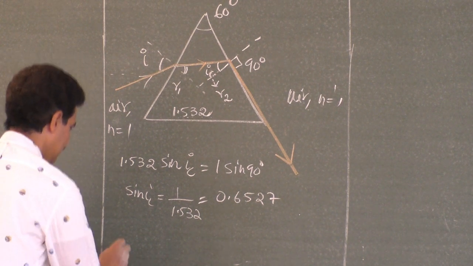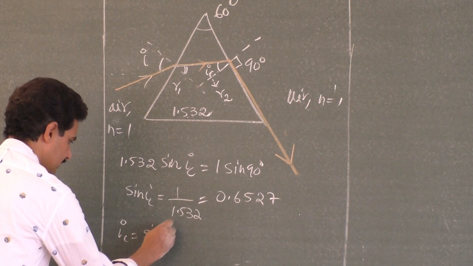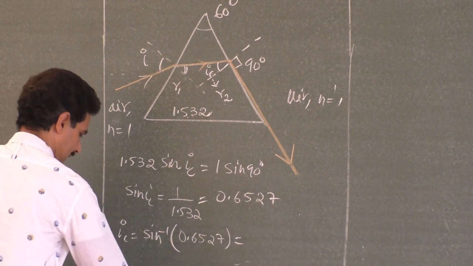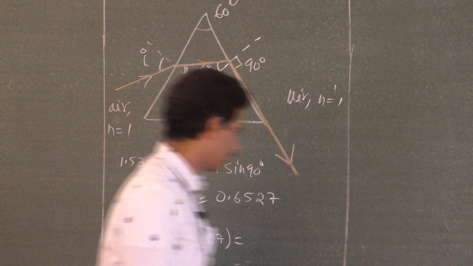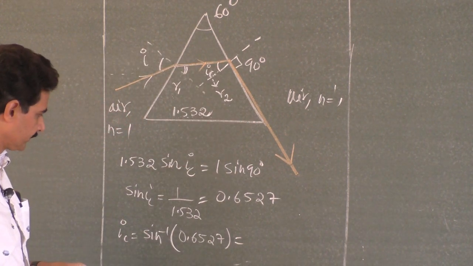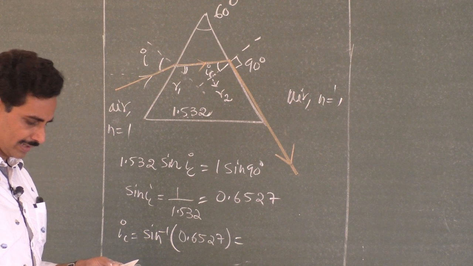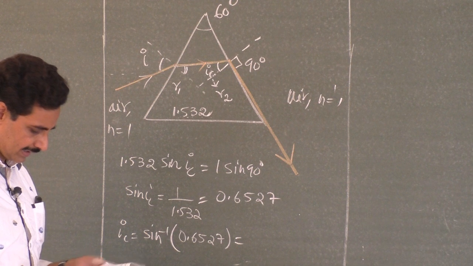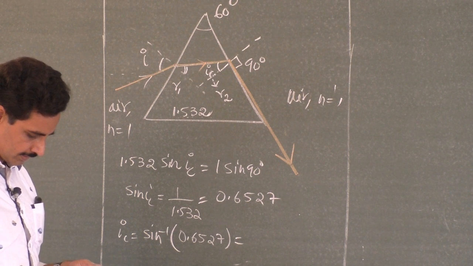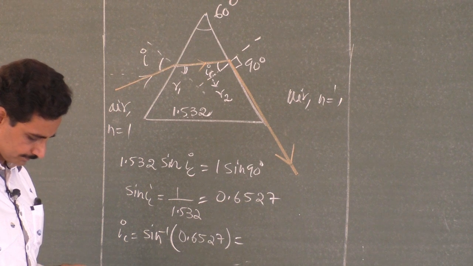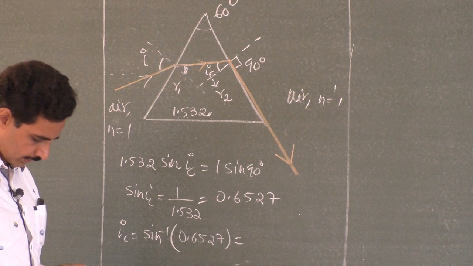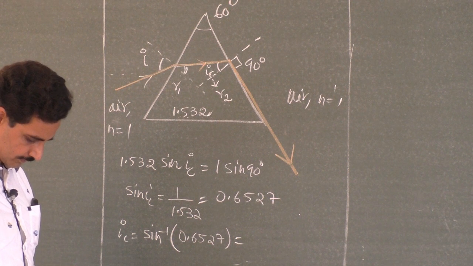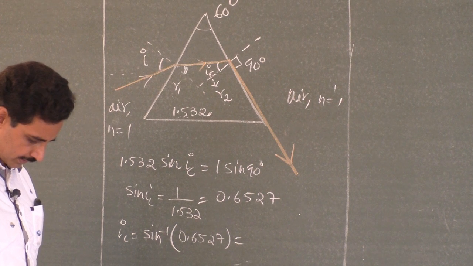What is IC? IC is equal to sine inverse of 0.6527. Go to the natural sines table and search for the number 0.6527. If you don't get that, go to the nearest number less than that. You have 0.64, 0.65, 0.6534, and 0.6523.